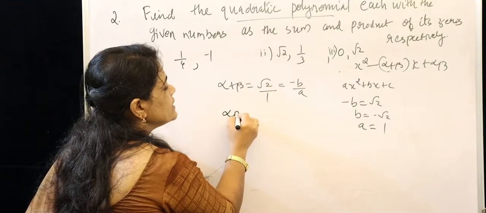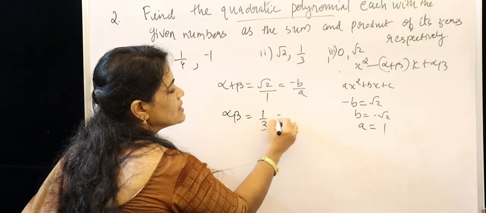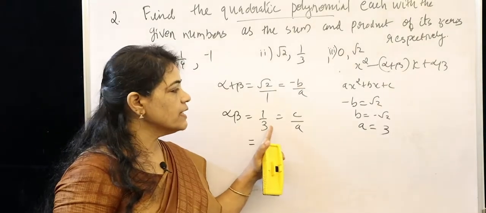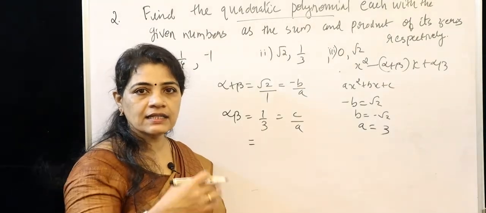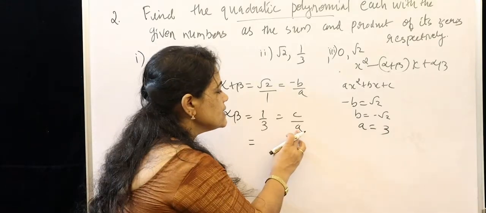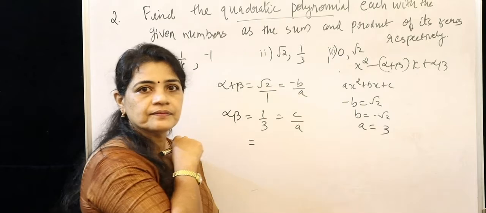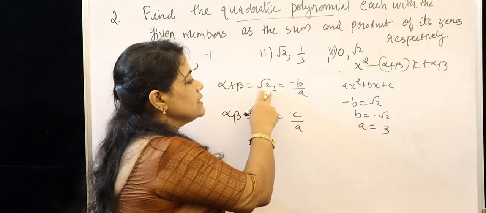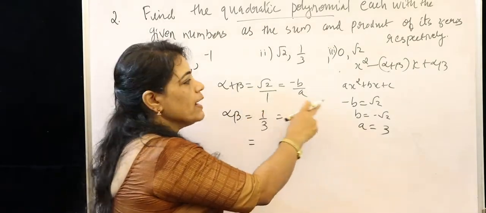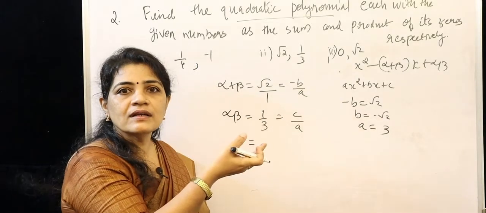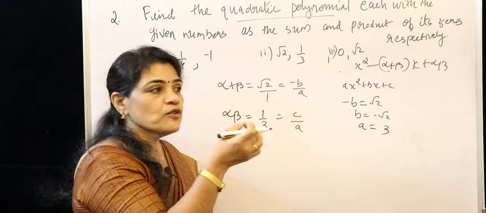So we need c because we should get the constant. So alpha beta is equal to 1 by 3, that is equal to c by a. Children, here alpha beta equals 1 by 3, that is equal to c by a. So a is 3. But here root 2 by 1, that is minus b by a, has a equal to 1. How can this be solved? Because we should get a as 3.